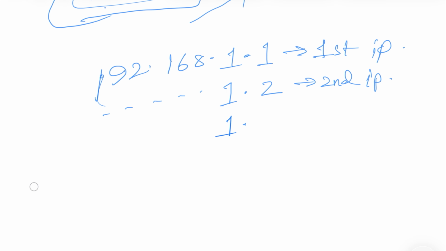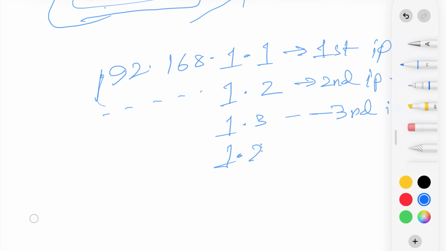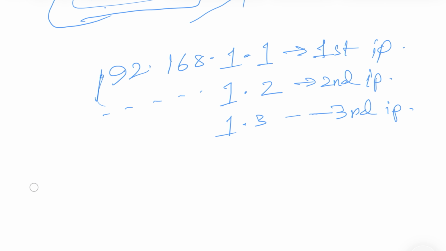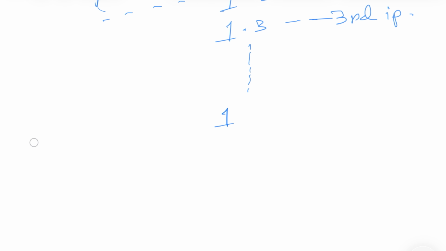This will be my third IP. Like this, it's going to go up to 1.254.